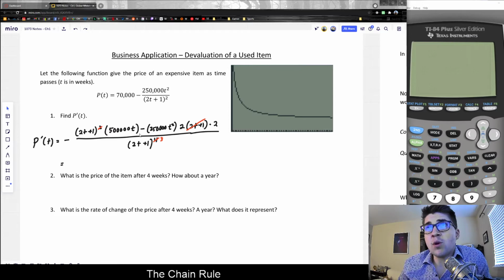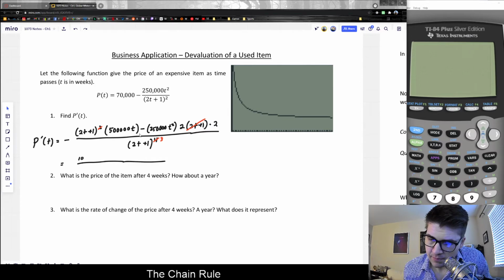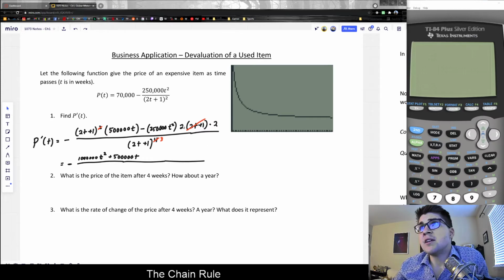So I have 2t plus 1 times 500,000 t. So that would give me 1 million t squared. And there's again a negative out front. 1 million t squared. And that would be plus 500,000 t. And then that would all be minus what I have on the right-hand side, which is 2 times 2 times 250,000 t squared. Actually, notice that that makes 4 times 250,000.